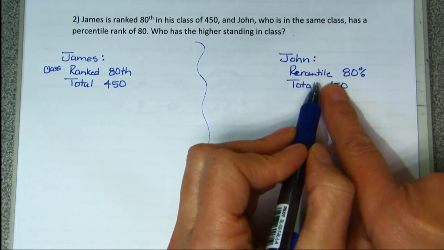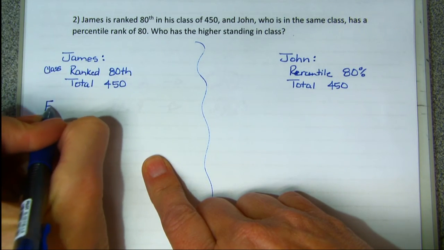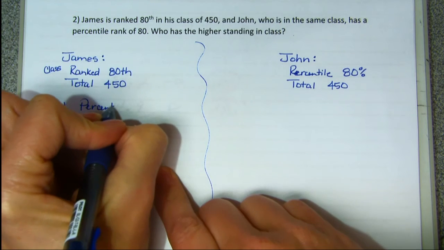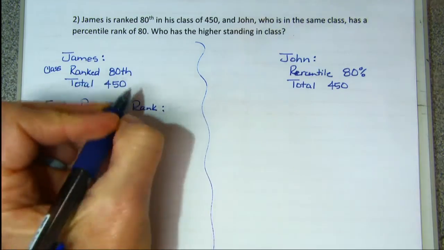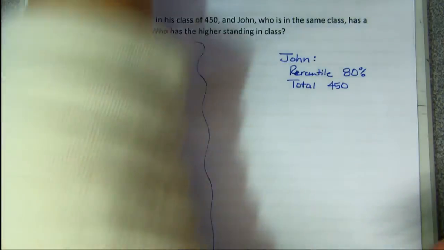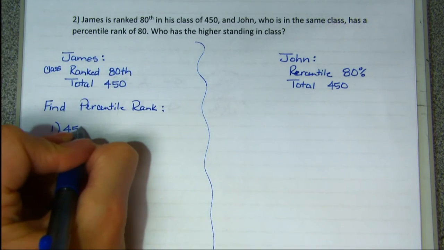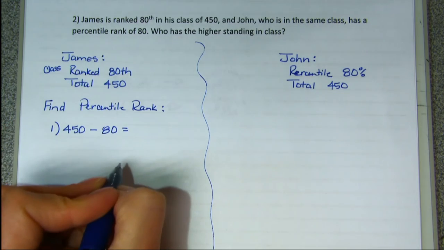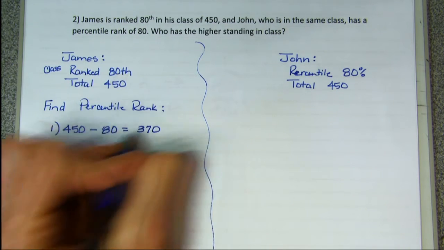John is already percentile, so we could take James and find his percentile rank, which would mean follow these 3 steps. So I'm going to do that. Step 1, the total, minus, he ranked 80th. So 450 minus 80 is 370.